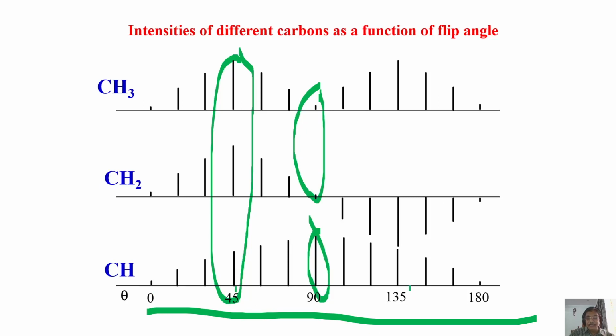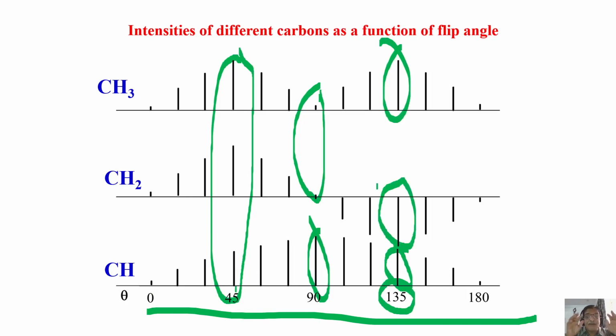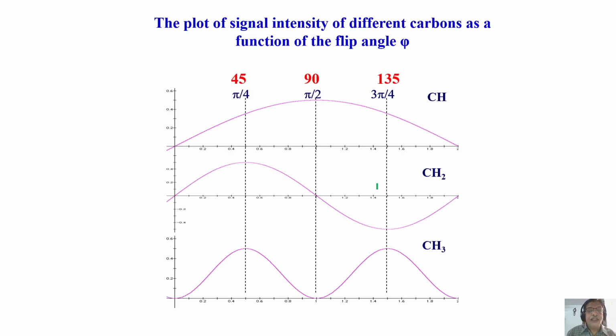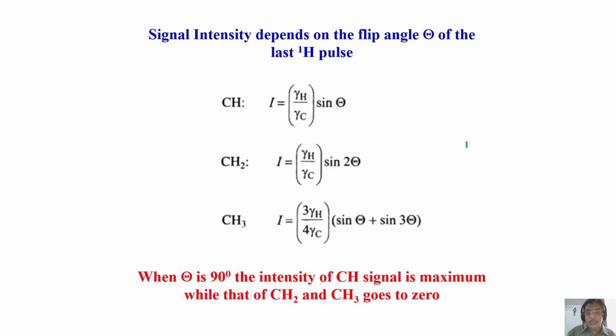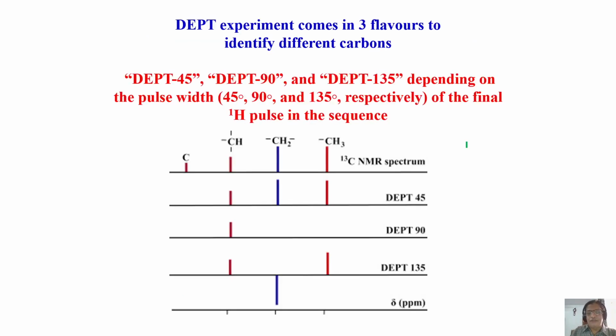When theta is equal to 135 degree, CH is positive, CH3 is positive, CH2 is negative. So, based on the number of protons attached to carbon, whether odd number or even number, similar to what we saw in APT, you can distinguish the carbon by the sign of the signal, whether it is positive or negative. This is what I showed in the graph, how the signal intensity is varying with different angle. Of course, it depends upon sin theta, whereas earlier I said it depends upon cosine theta.